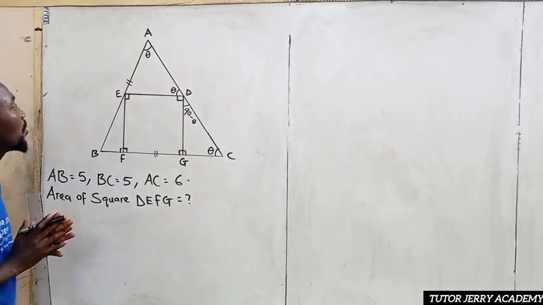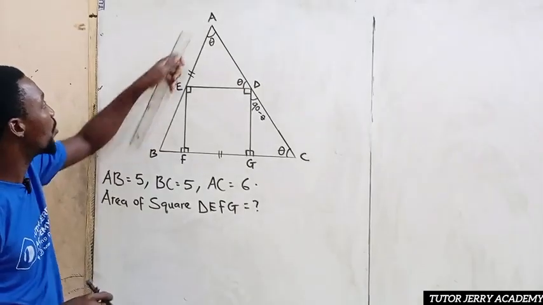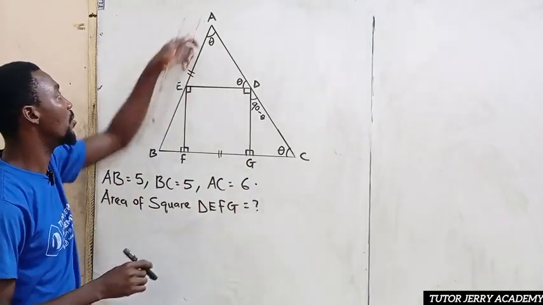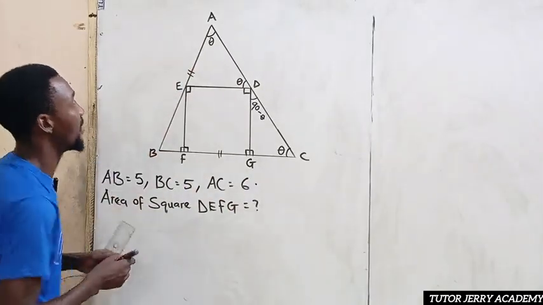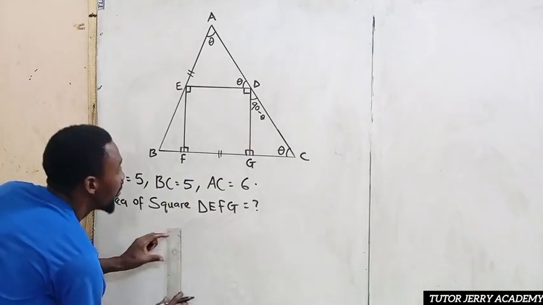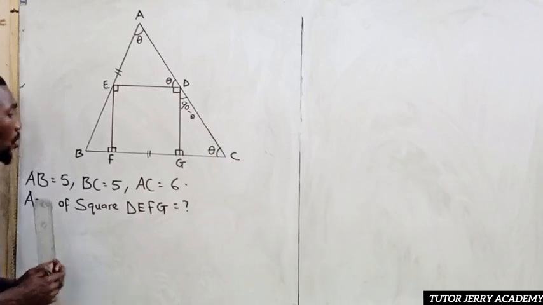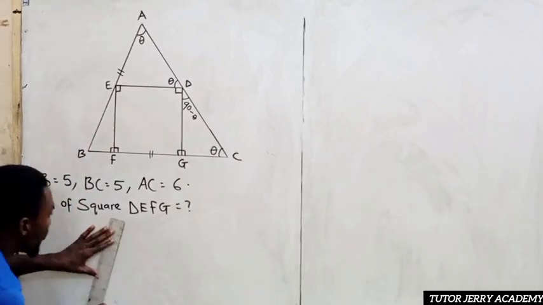Now, the next thing we are going to do is bring out triangle ABC and triangle AED. So we are going to consider the two triangles now.